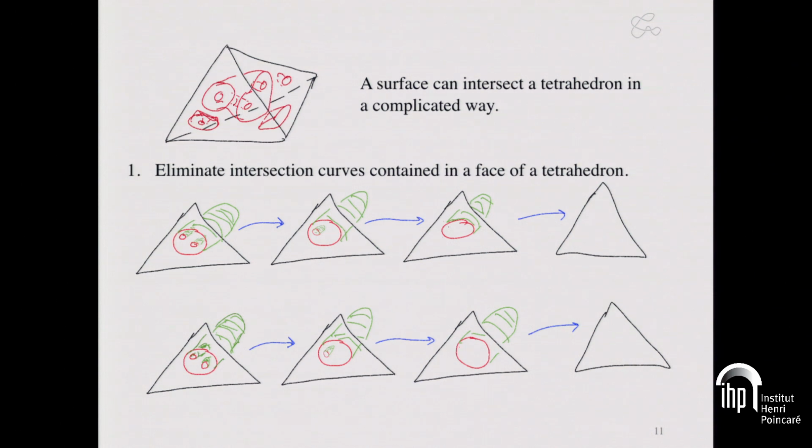You take one of those innermost ones and do a compression on it. We're allowed to compress. The compression may be trivial in that it may split off a little 2-sphere, but that's fine. You'll reduce the number of intersections with the triangular faces, and eventually you'll have none. So you can get rid of these circles of intersection quite easily.